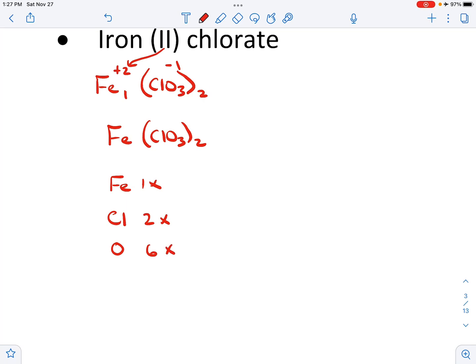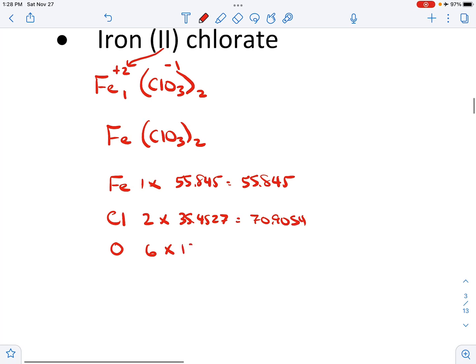Now we go to our periodic table, and we fill in our atomic masses, which is obviously going to be 55.845 when we multiply it by 1. Then 35.4527 times 2, and so when we type that in, 70.9054, and here 15.9994, and we'll take 6 times that.